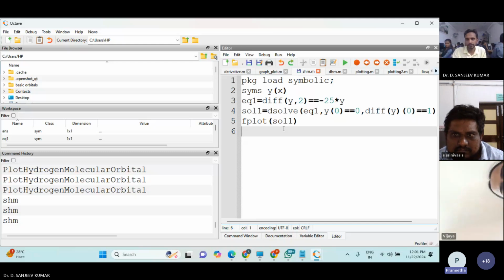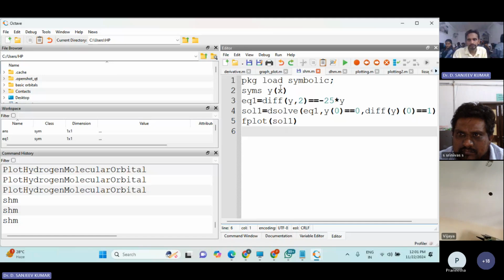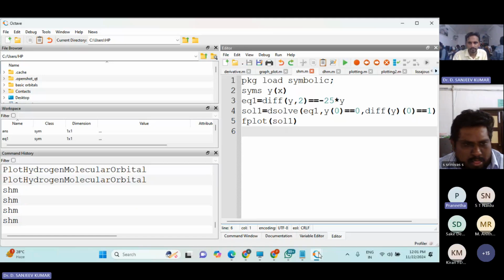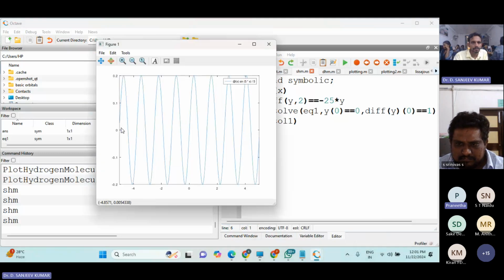That is what this initial condition says. And so we got a graph like this. So initial displacement is 0 for this pendulum.